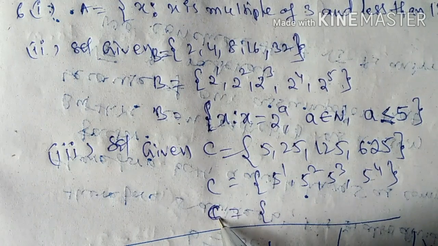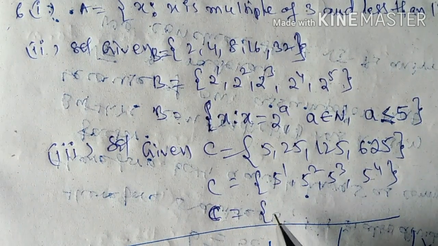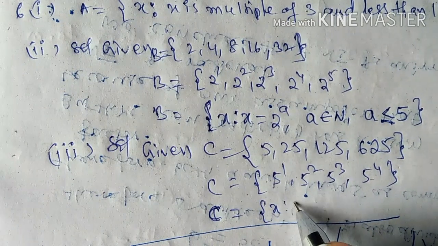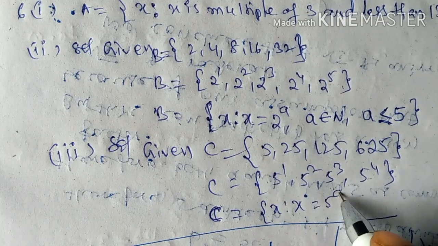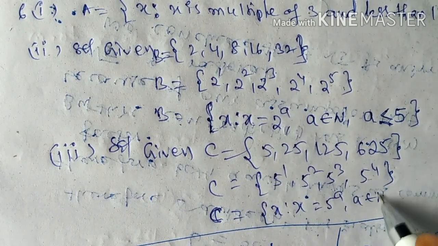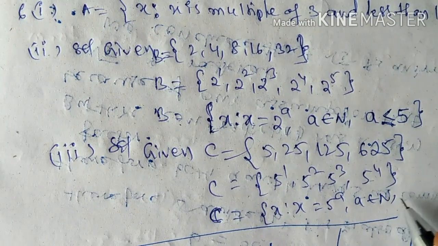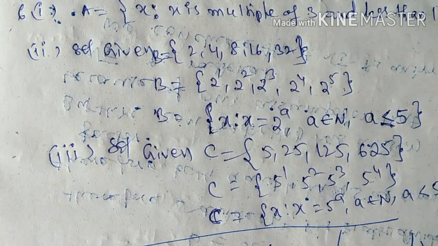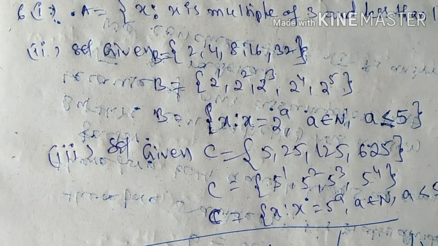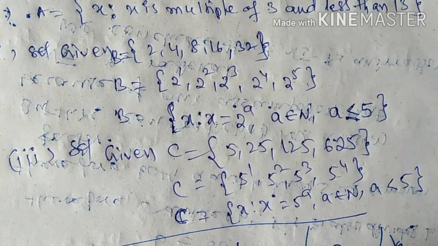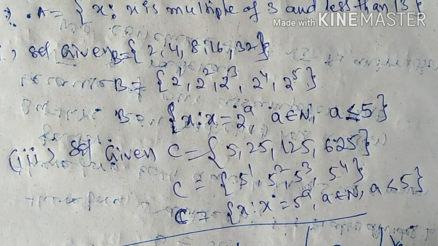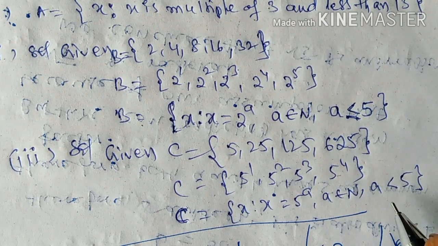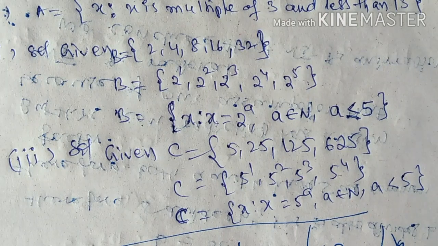C is a set of all elements x such that x is equal to 5 to the power of a and a belongs to natural numbers and a is less than 5, or you can write less than or equal to 4. You can write anything. Both are correct only. I am going to write here a less than 5. This is the answer for the third problem.